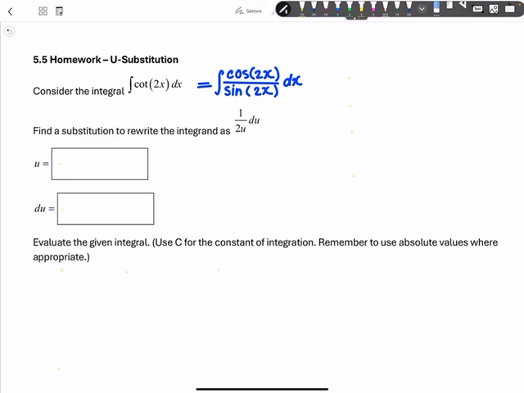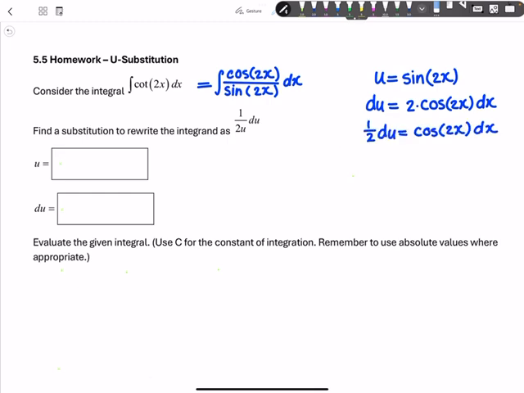Again, here, the problem wants me to do a substitution so that we can rewrite the integrand as 1 over 2u du. All right, so I'm going to let u be equal to sine of 2x, which is going to make my differential du equal to 2 times cosine of 2x dx. And note that I had to use the chain rule when I found this derivative of sine of 2x.